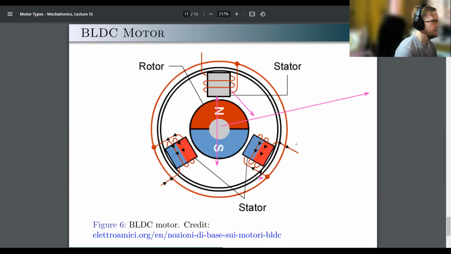And the way we control them is by generating different levels of voltage on different coils by using a switchboard, what we call a driver, the thing that switches electricity, and there will be a controller that decides how to switch electricity.